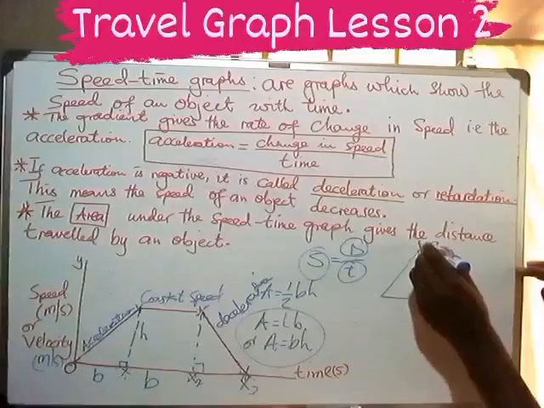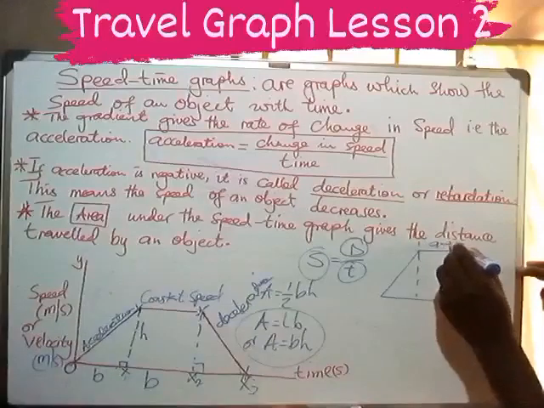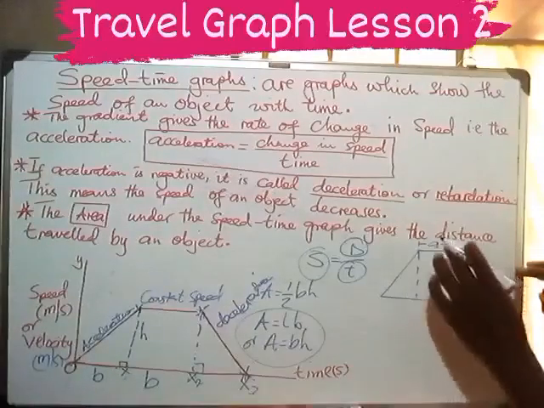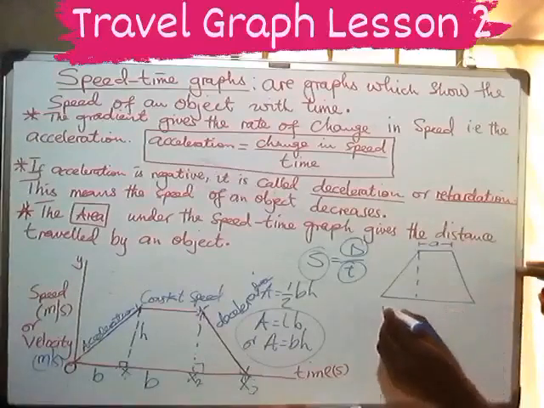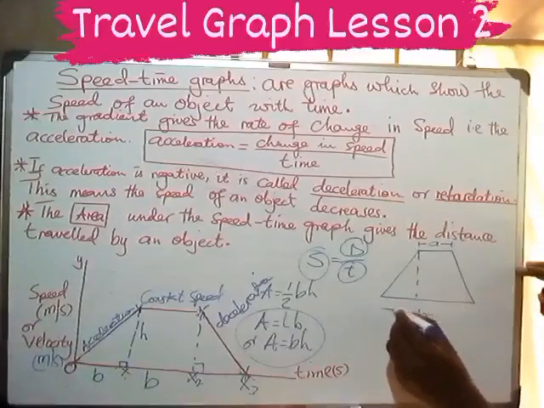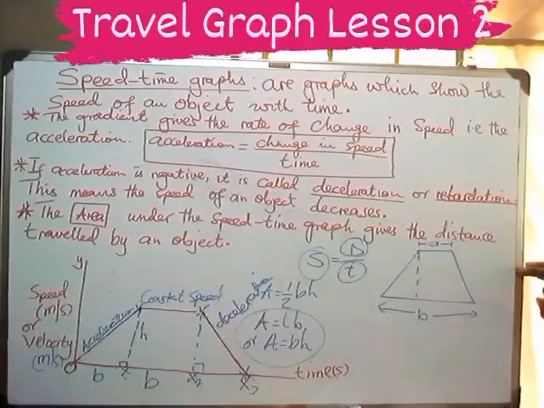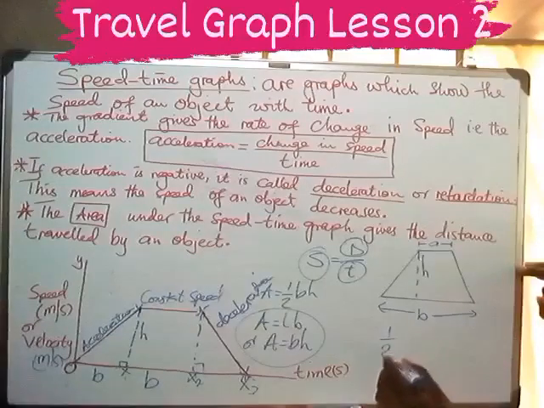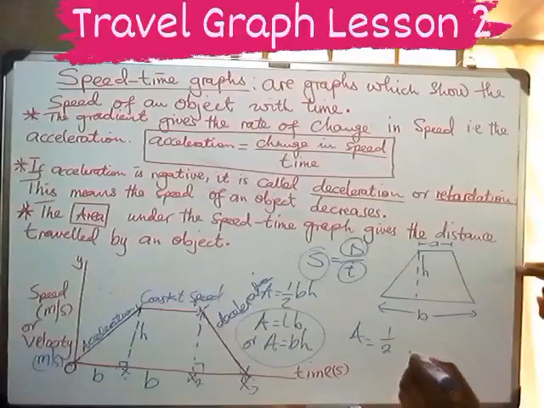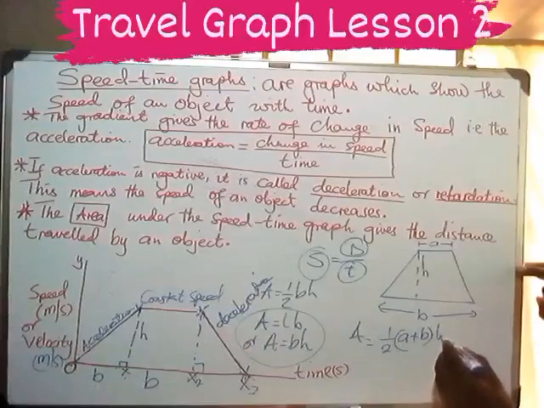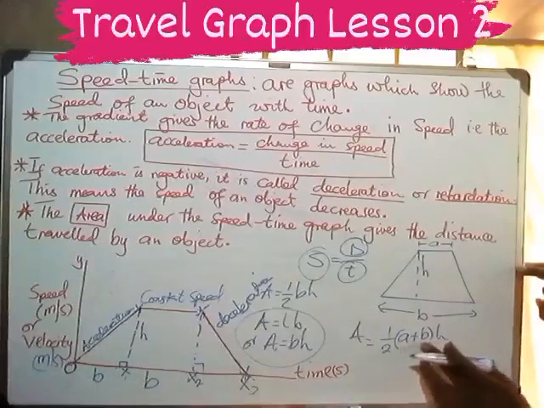So the distance from here up to here, you can name that one as your A, and then from there up to there, you name it as your B. Then this one is your height. So the area of the trapezium is equal to, open bracket, A plus B, close bracket, times H. So this is the formula we use.